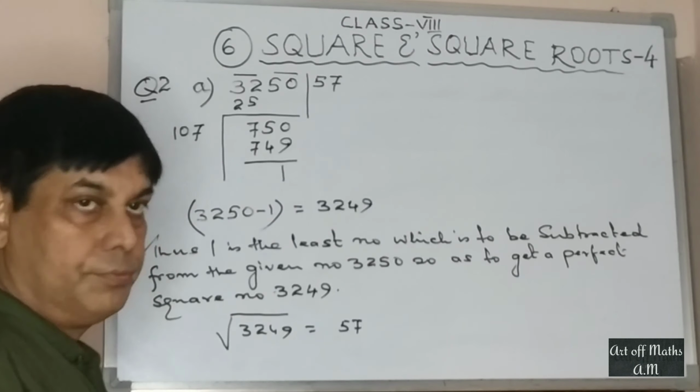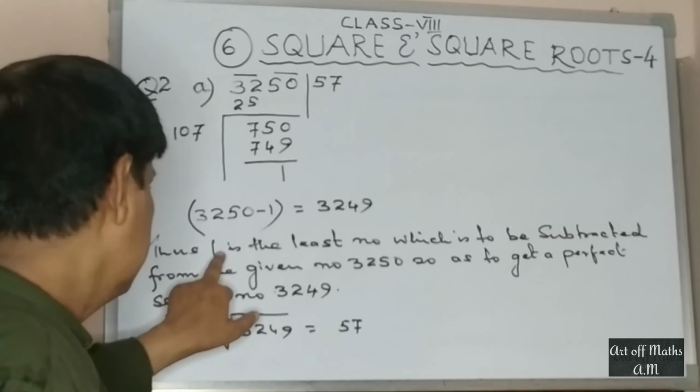So you have to show this one number and the square root of this perfect square number 57.